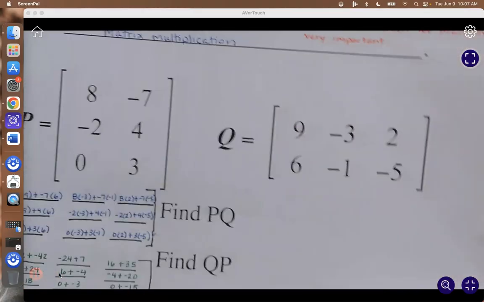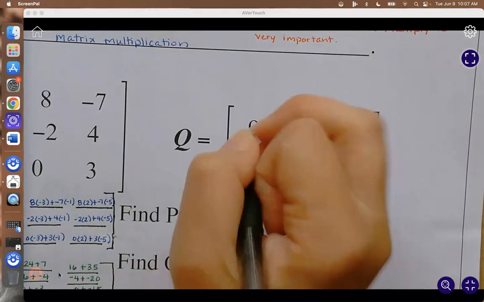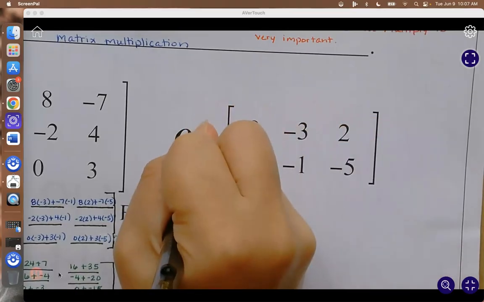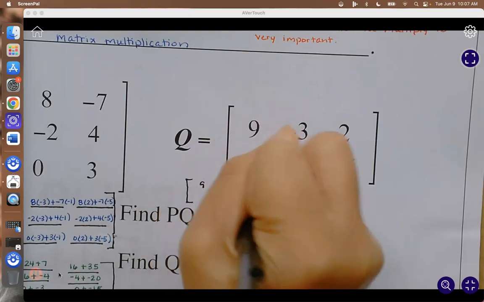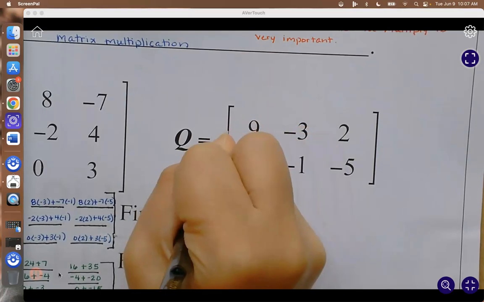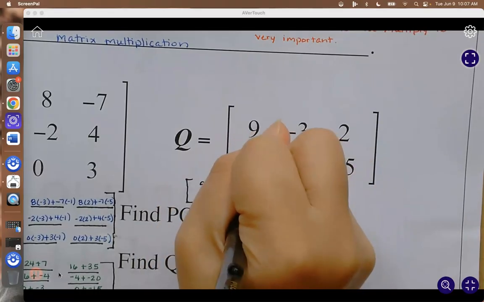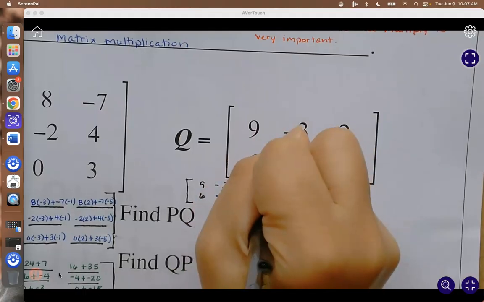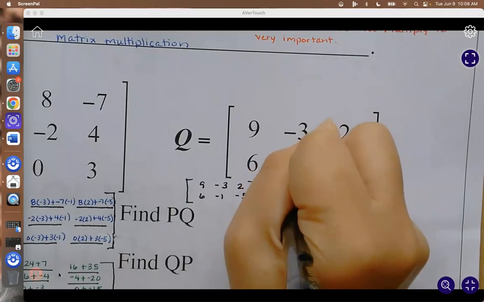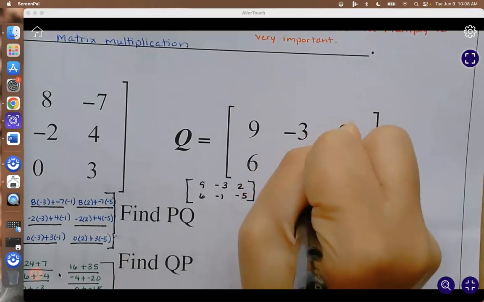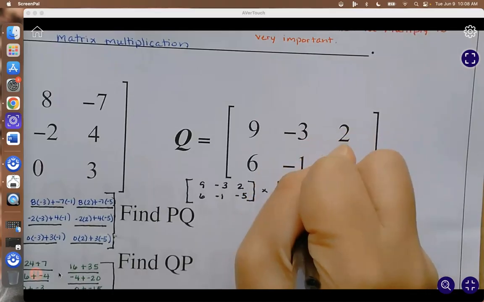Okay. Now, the next one that we're going to do is Q, so 9, negative 3, 2, 6, negative 1, negative 5, times 8, negative 7, negative 2, 4, 0, 3.